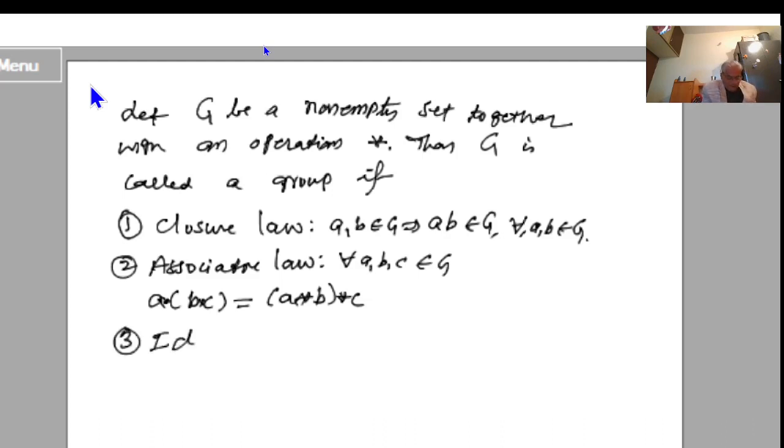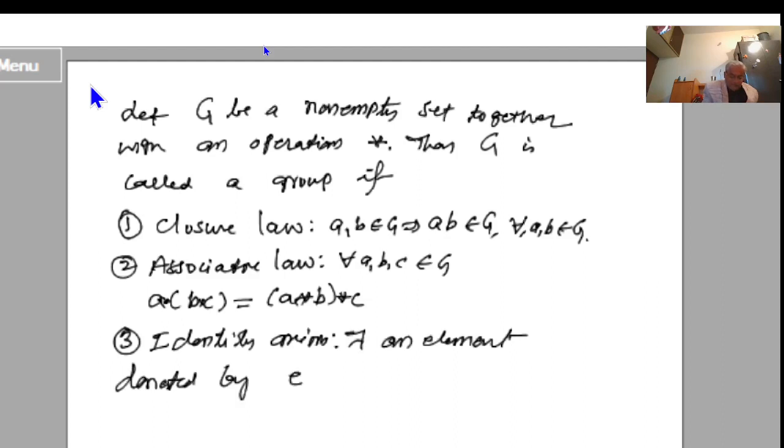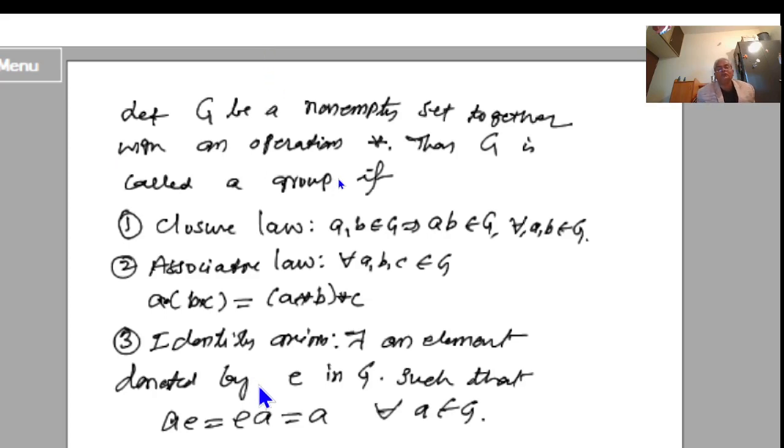Third one, identity axiom. Identity axiom is there exists an element in G, usually denoted by E, such that AE equal to EA equal to A. This is true for all A belongs to G. So this E is known as the identity element.